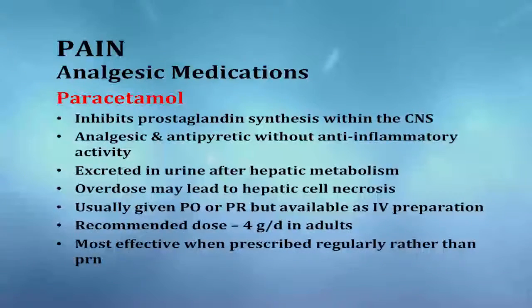Usually it is excreted in the urine after hepatic metabolism, and overdose of this medication can lead to hepatic cell necrosis. It is usually given by the oral or rectal route, but it's also available as an intravenous preparation. The recommended dosage is usually 4 grams per day for adults, and it is most effective when prescribed regularly rather than on a PRN basis.